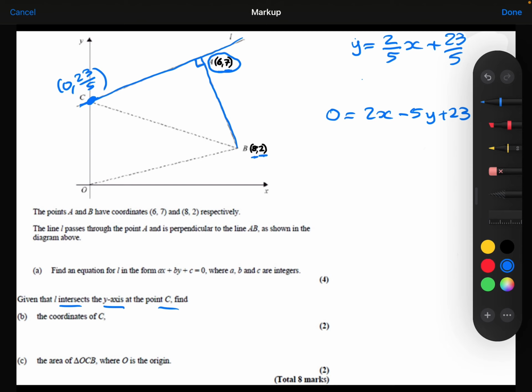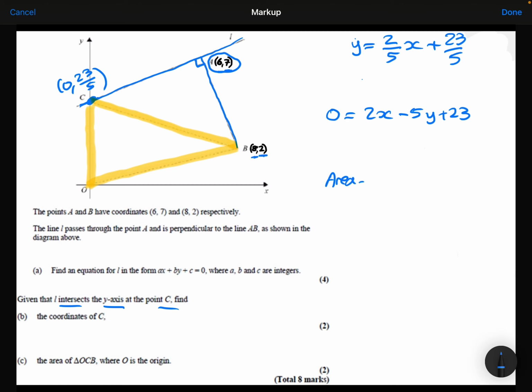And then part C. We need to find the area of triangle OCB, where O is the origin. So OCB, this is the triangle that we need to work out the area of.